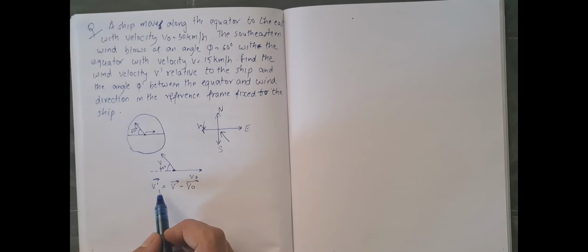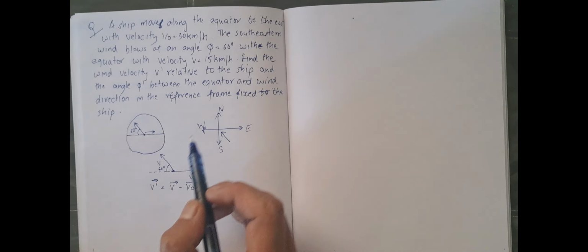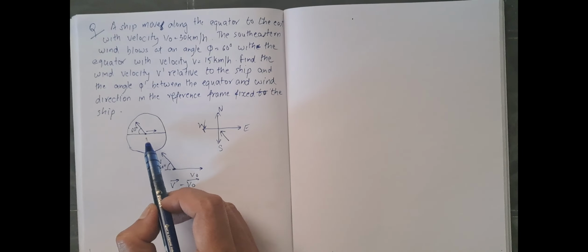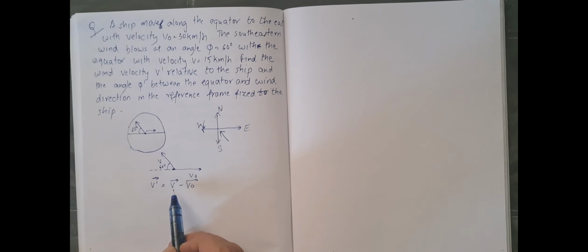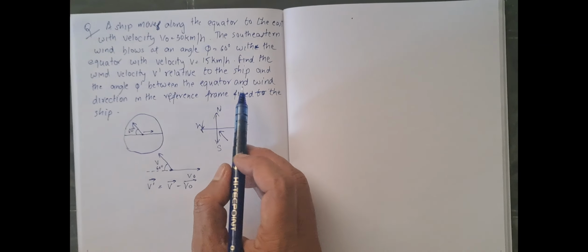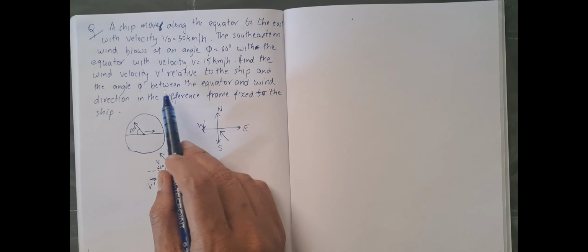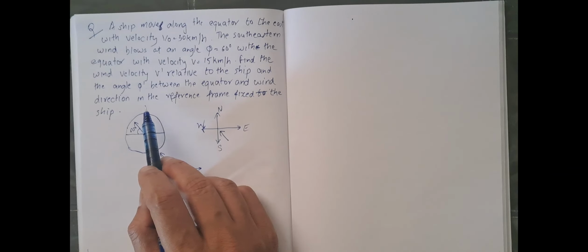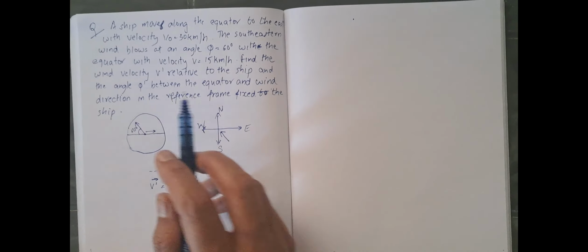Now this v dash is when we want to find out the relative velocity of the wind with respect to the ship. It's the velocity of the wind minus the velocity of the ship. And when we want to find out the angle between the equator and the wind direction in the reference frame fixed to the ship, what it basically means is that the angle that the relative velocity of the wind with respect to the ship makes with the equator is what we have to find out.